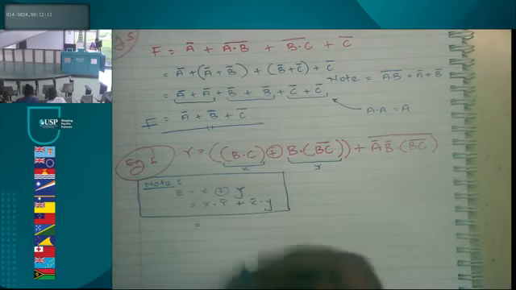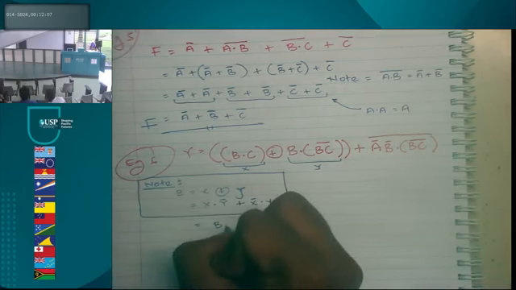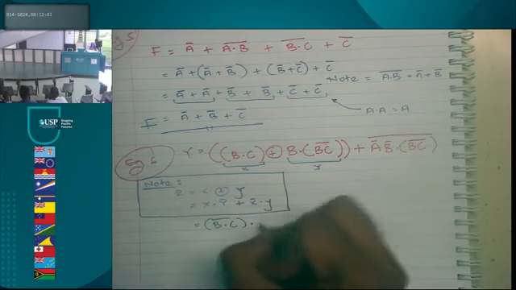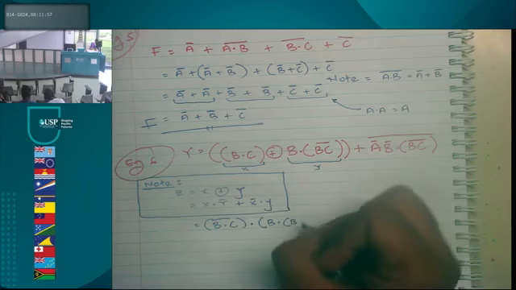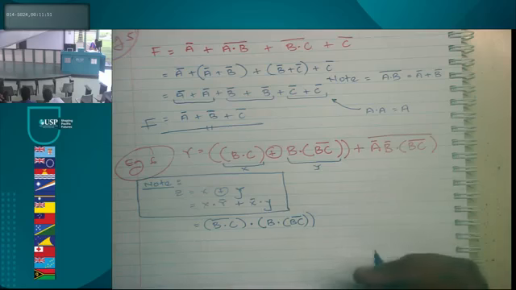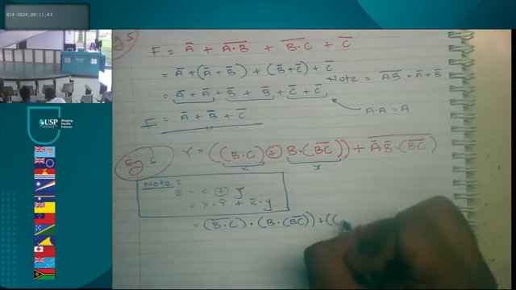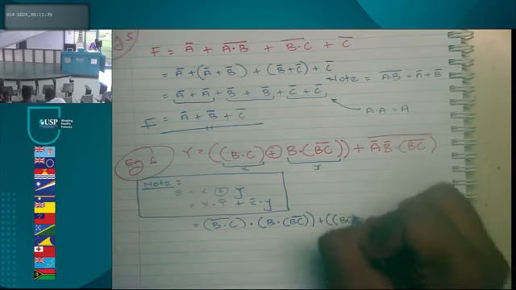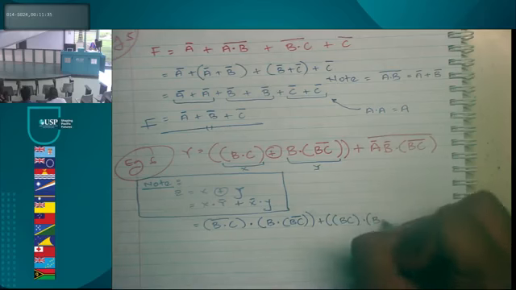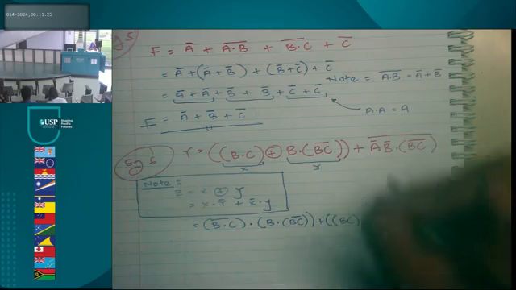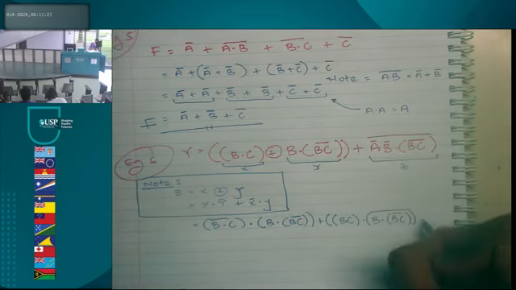If you break it down, this will look something like this: B OR C bar, plus, okay, let's just denote this as Z for now.